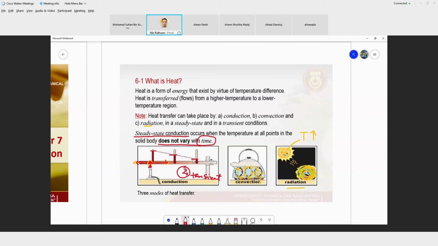It does not change anymore in time. That condition we call the steady state condition. So it does not change anymore with time.